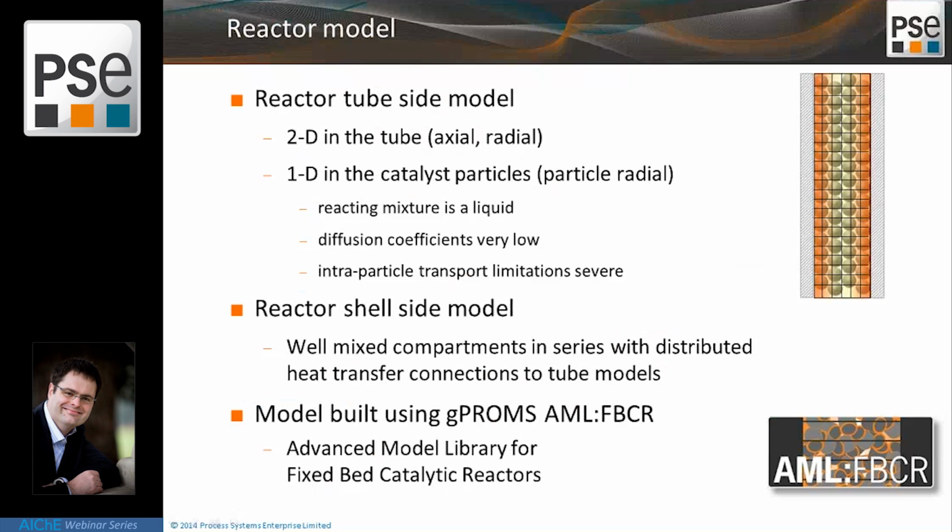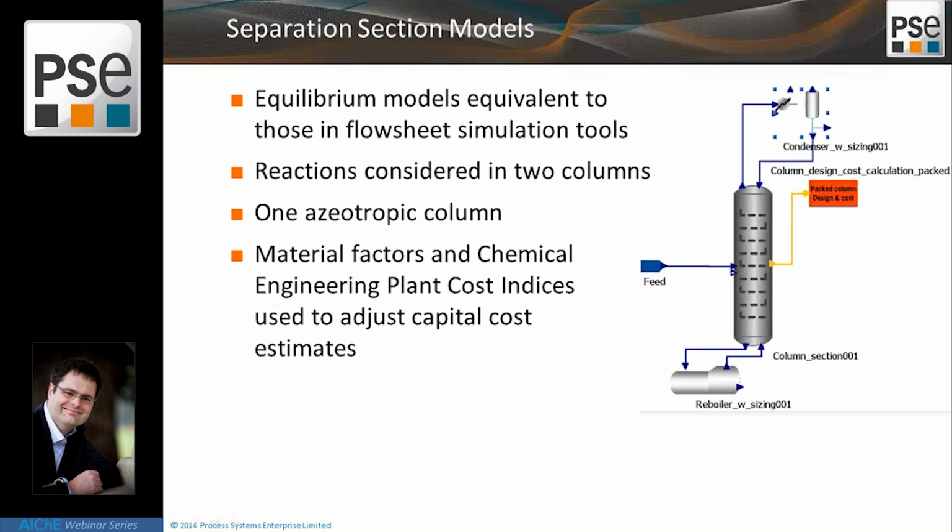On the shell side, we use well-mixed compartments in series to represent the different compartments between the baffles, but we used distributed heat transfer connections to the tube. And this was basically done using our library, which is an off-the-shelf product, so we didn't have to do any model development for this.